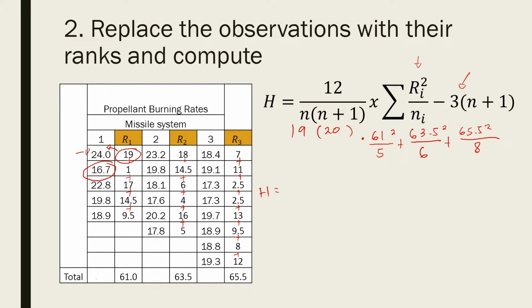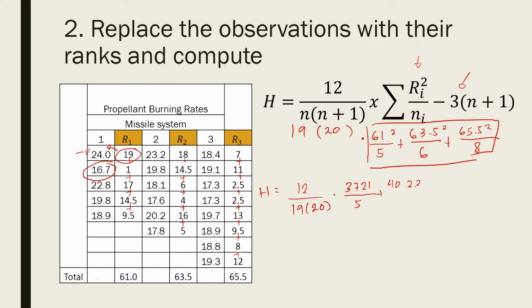So H is equal to 12 divided by 19 times 20 times the summation of 61 squared, which gives you 3,721, divided by 5, plus 4032.3 divided by 6, plus 65.5 squared, that's 4290.3, divided by 8, minus 3 times 20.